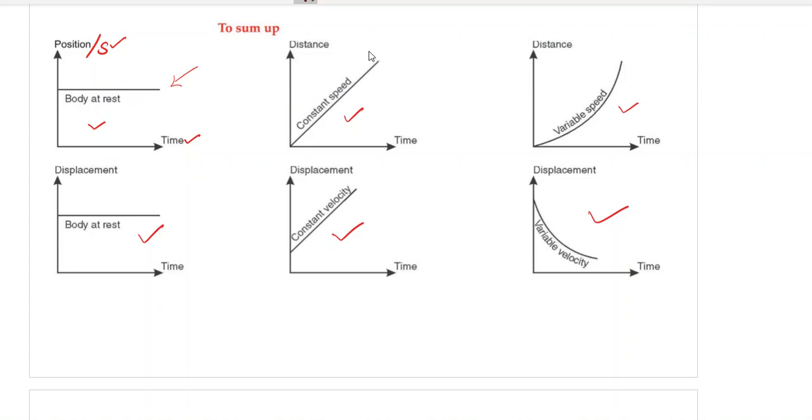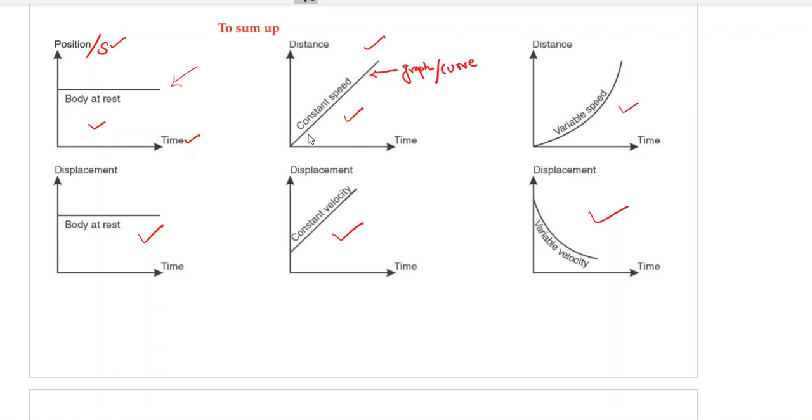The second graph is a distance time graph, where this line is also known as a graph or curve. Although it's a straight line, many times it is referred to as a curve.